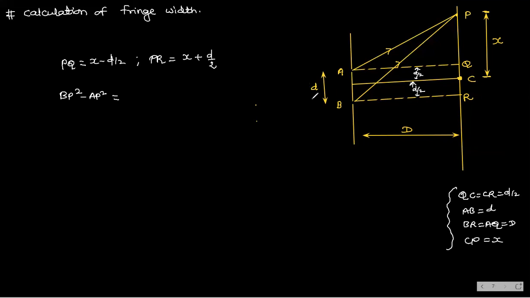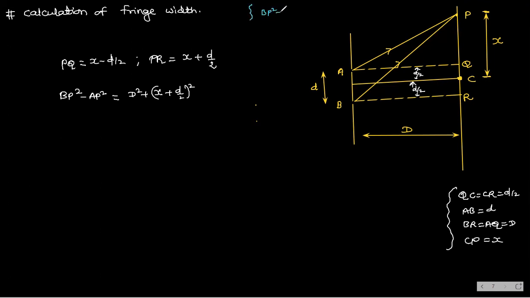BP square means D square plus X plus d by 2 whole square. Watch what I am writing. Agree with me? BP square only this is. Shall I write here with a different color if you are not understanding? You can see here.